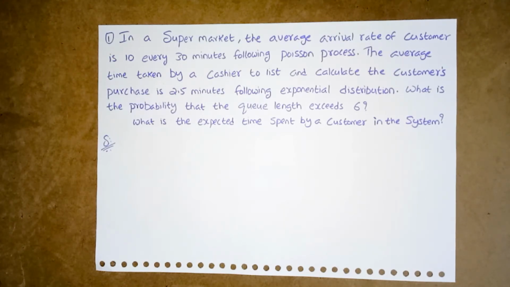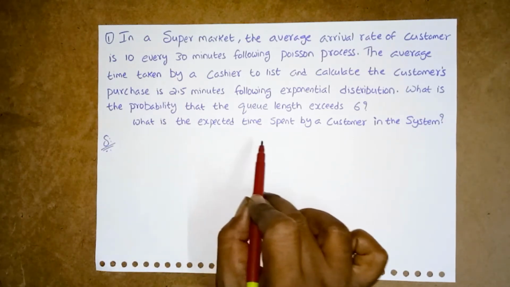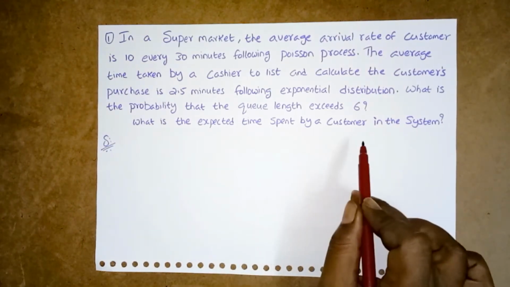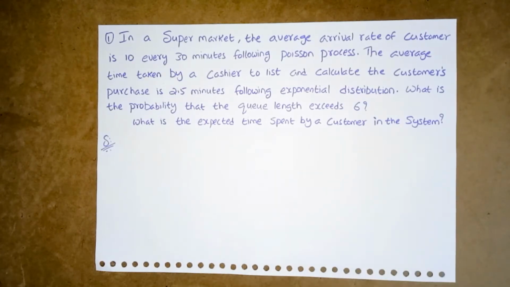Next, what we have to find is the expected time spent by a customer in the system. The system means the supermarket. So what is the expected time spent by a customer in the system? Now this is the problem.